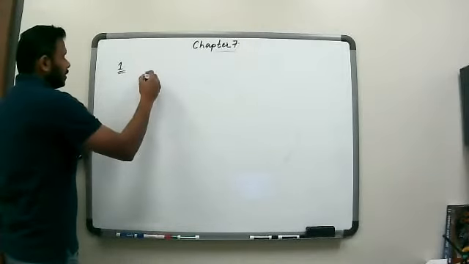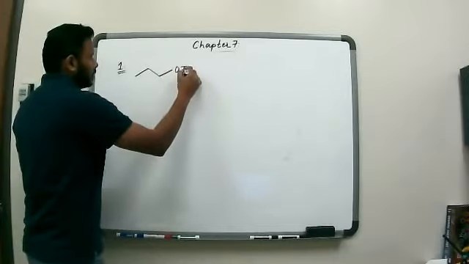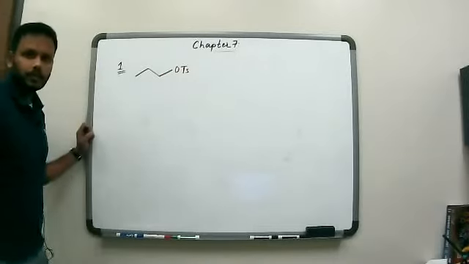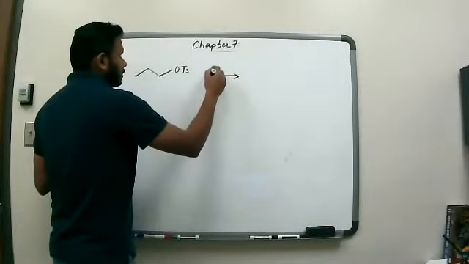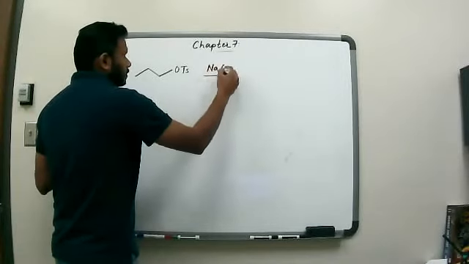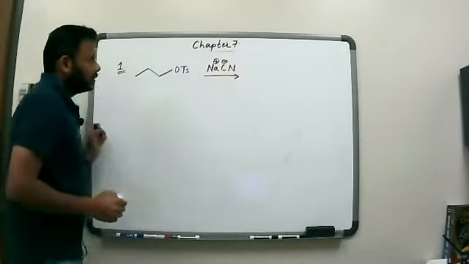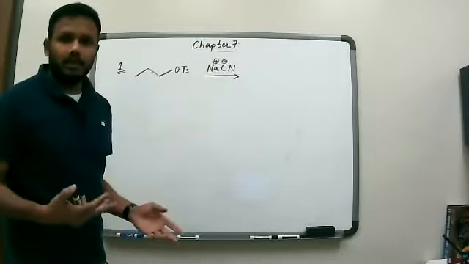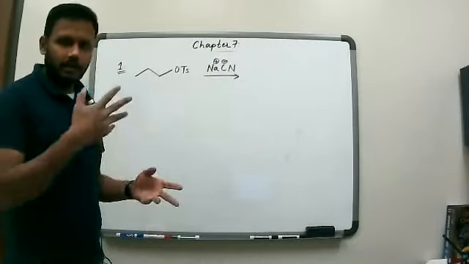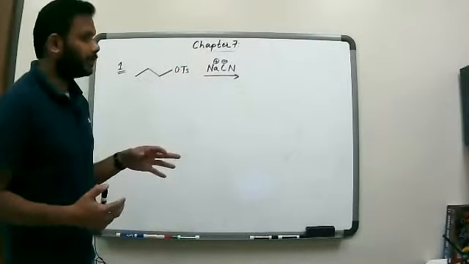Okay, so let's say we have OTs, and you react this with sodium cyanide. Now, on a quiz or an exam, this positive and the negative might not be written, so please get used to identifying where the positive is and where the negative is.